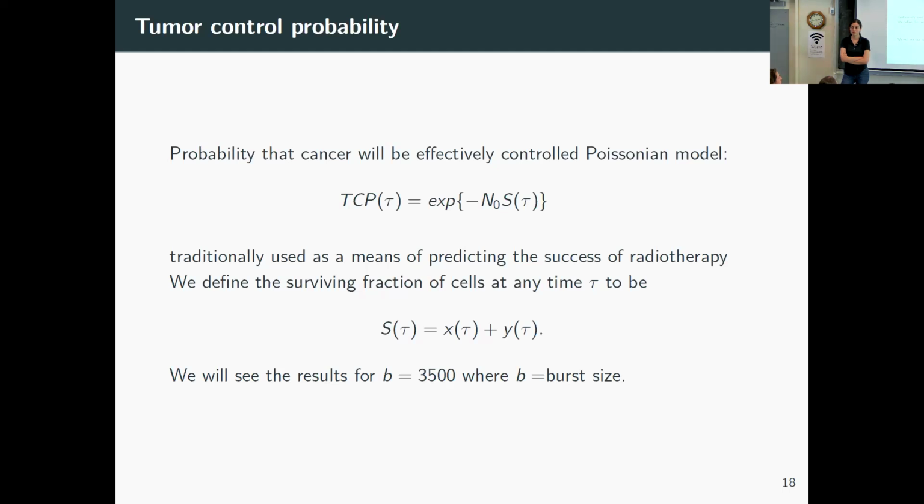But there's no stochasticity in this paper, is that correct? Everything's deterministic? We just use the Poissonian TCP because there are other TCPs, like the Vernonian TCP and the Zeiger-Minerva TCP, that use different stochastic processes.